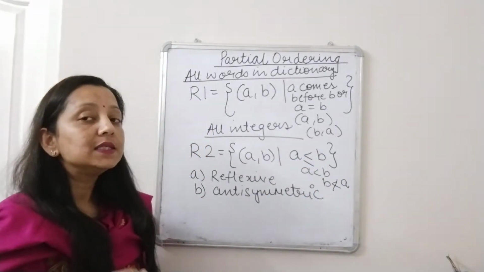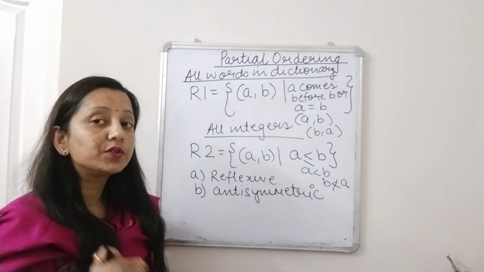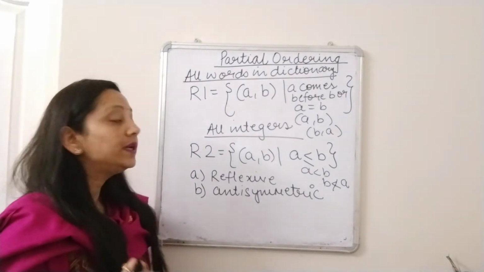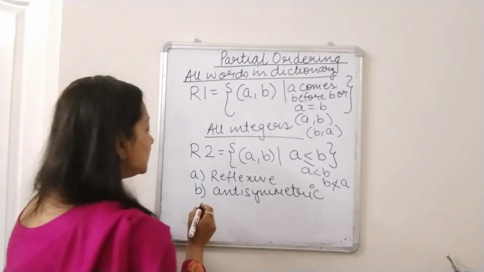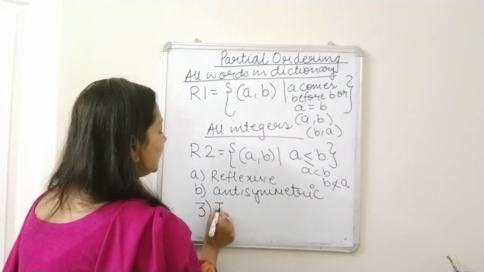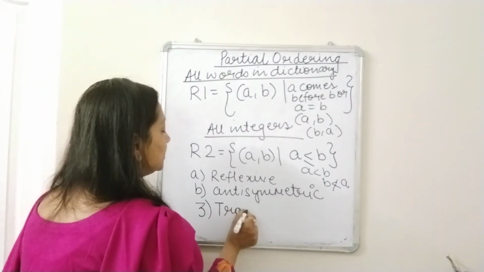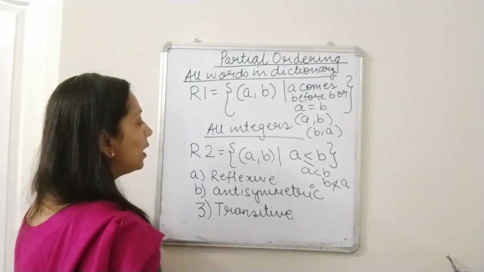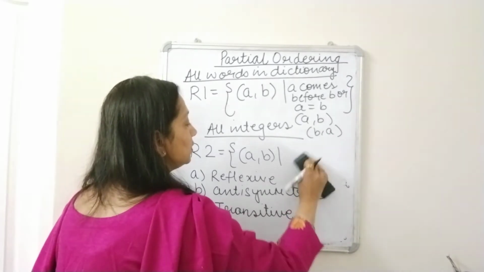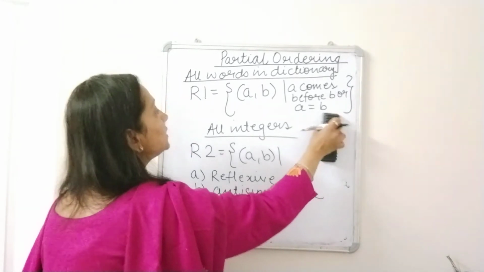So hence I can say that because of this ordering, R1 and R2 are anti-symmetric also. Similarly, I can say that these two relations R1 and R2 are transitive.